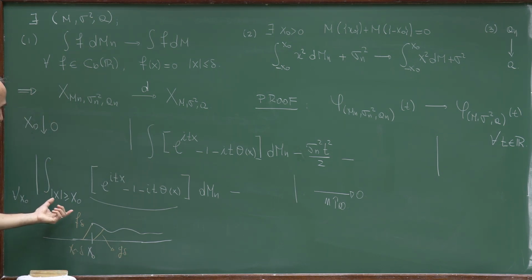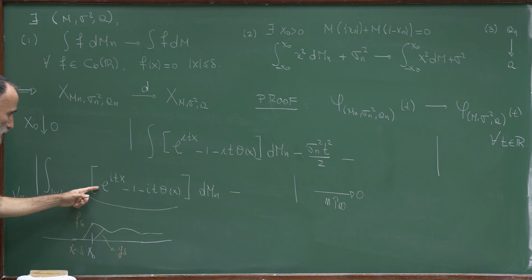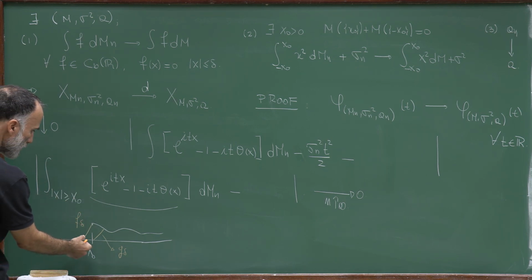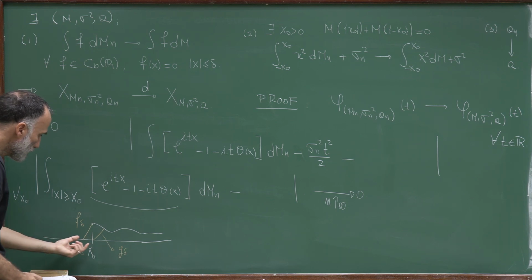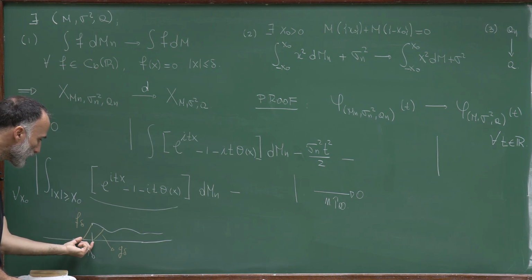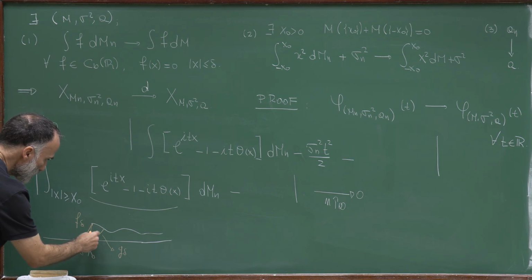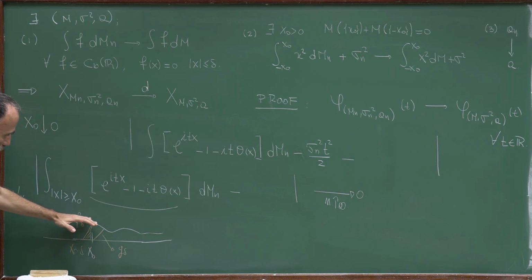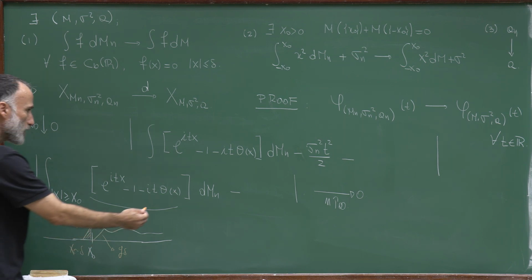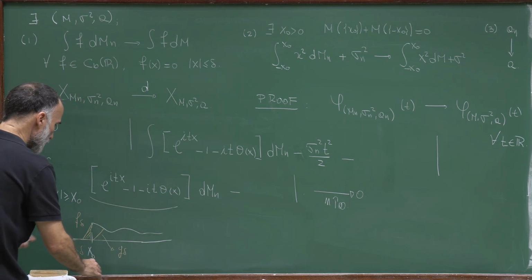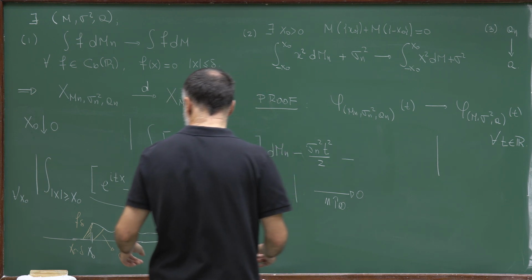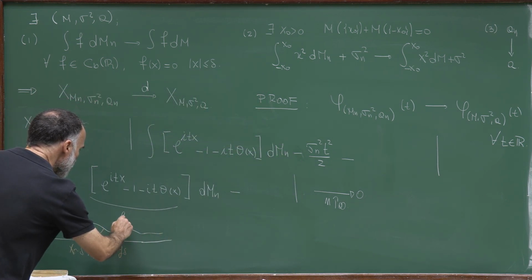So we can replace this function by f delta first. Of course, there is a price, but this price is the difference between, so this function here is bounded. So we can estimate, so let me call this function f.